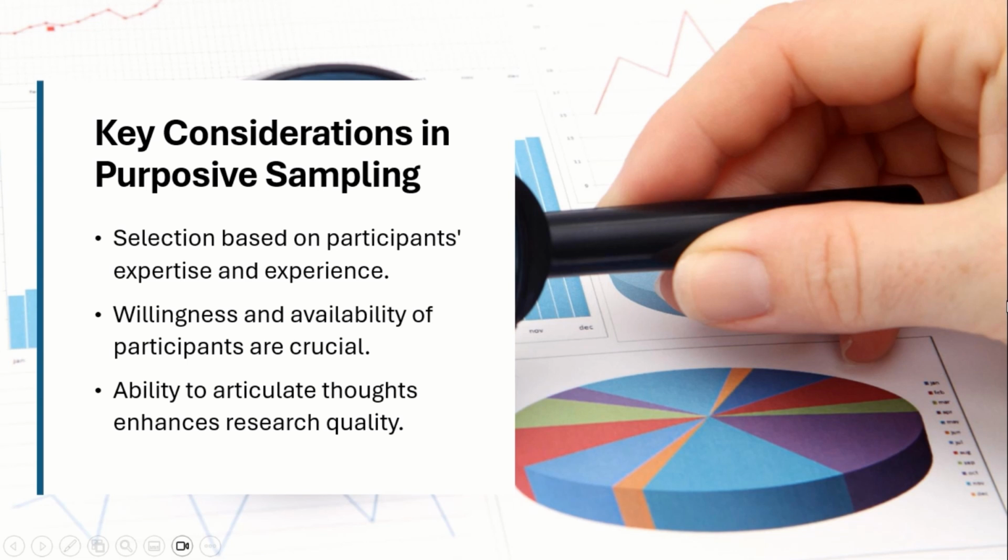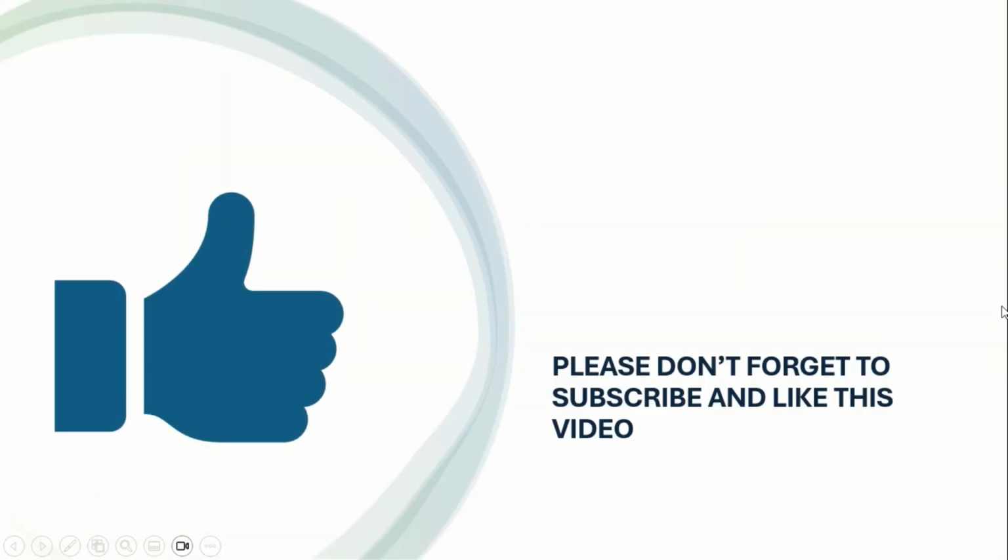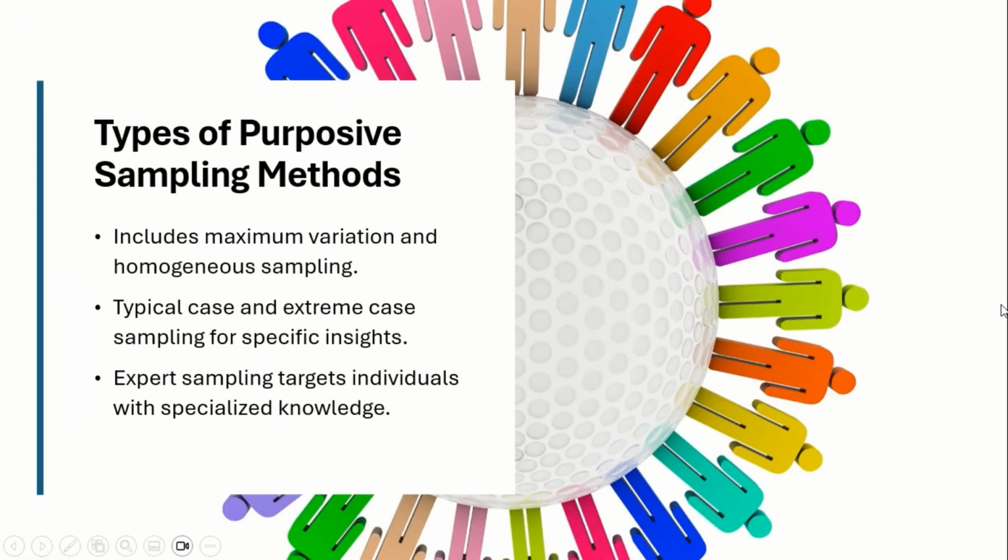And in quantitative research, having lots of data points can sometimes create the illusion of strong findings, even if there's underlying bias, because of how the sample was chosen. So we need to be extra cautious when looking at studies based on convenience samples. Exactly. Think critically about who those participants might be and how that might influence the results.